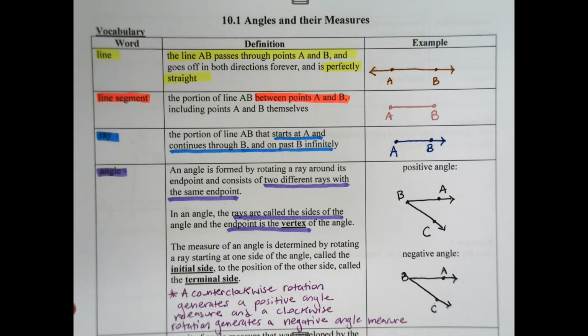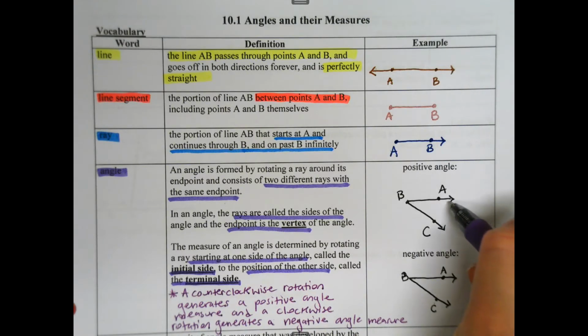The measure of an angle is determined by rotating a ray starting at one side of the angle, called the initial side, to the position of the other side, which is called the terminal side. A counterclockwise rotation is going to generate a positive angle, whereas a clockwise rotation will generate a negative angle.